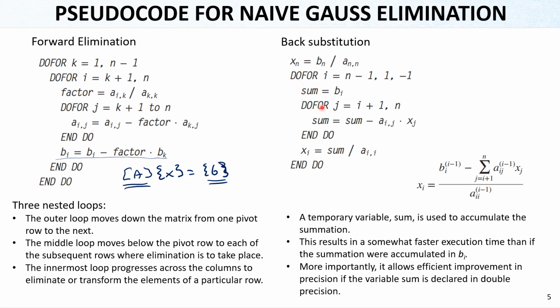So this sum creates a faster execution time. More importantly, it allows efficient improvement in precision if the variable sum is declared in double precision. So we use double precision for sum to have an efficient calculation. If you write these in MATLAB, for instance, then you can simply use naive Gauss elimination for any number of equations.